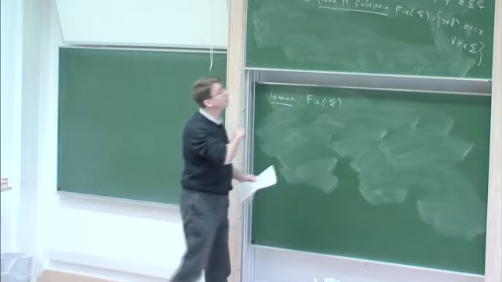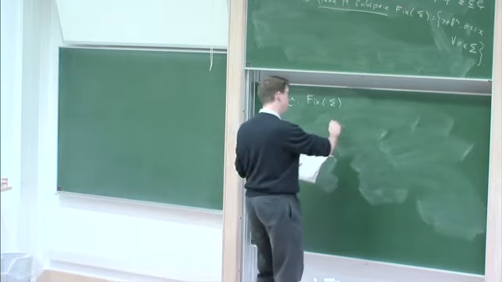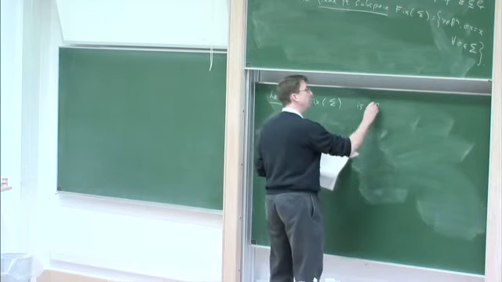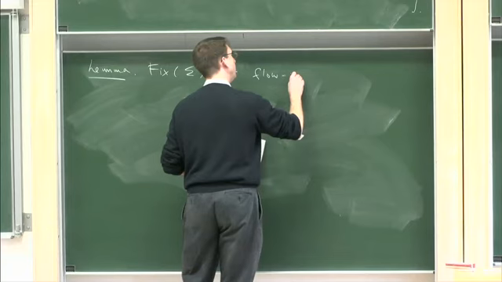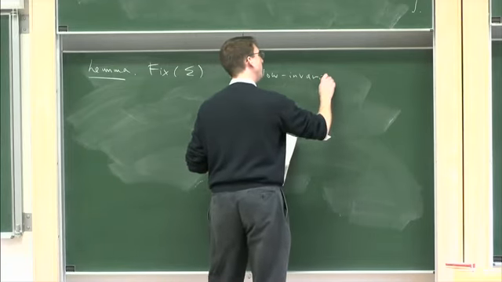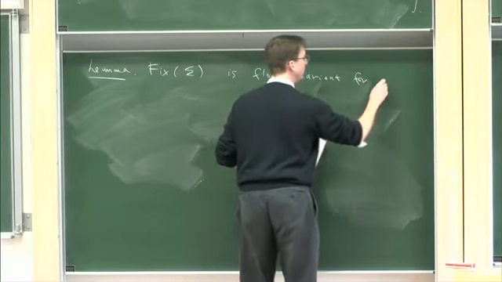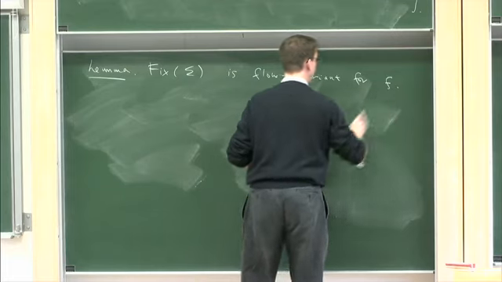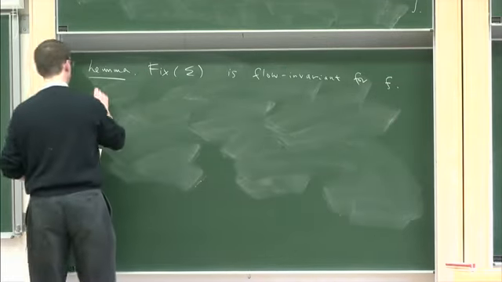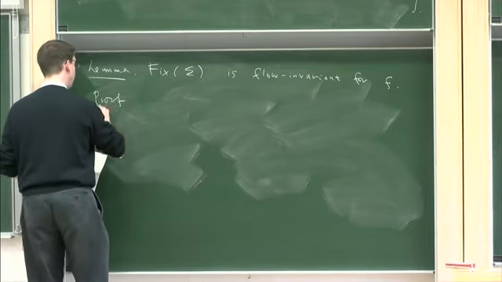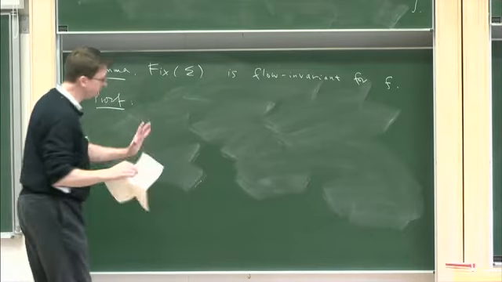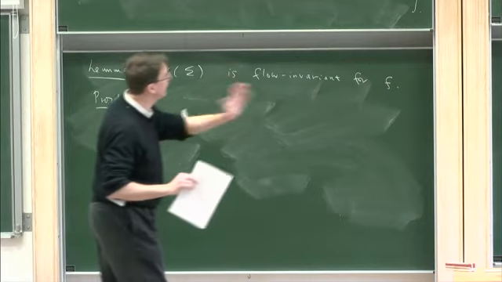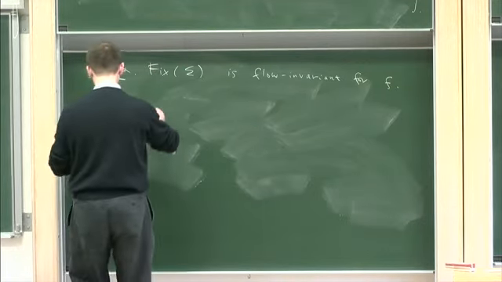So pick some subgroup sigma, then Fix(sigma) is flow invariant for my vector field f. The proof of this is very simple. The idea is just that the tangent vector remains in that plane.